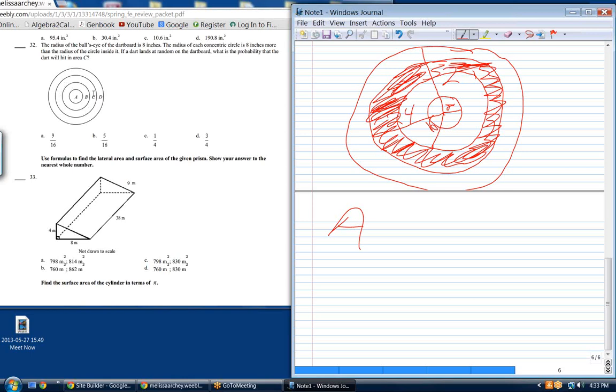So when I take the area of the outside, I want the area of this circle right here. What is that? Okay, so 24 squared pi, minus the area of this inside circle. What's the area of that? 16 squared pi.